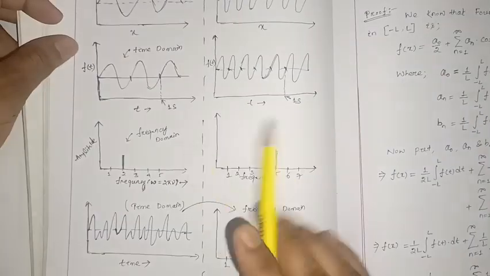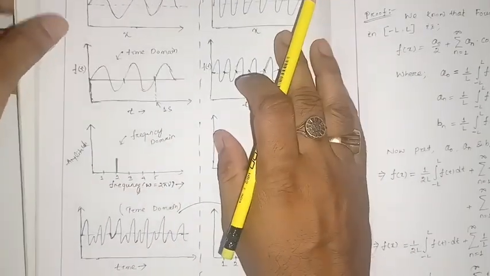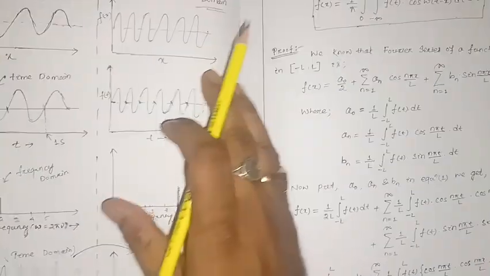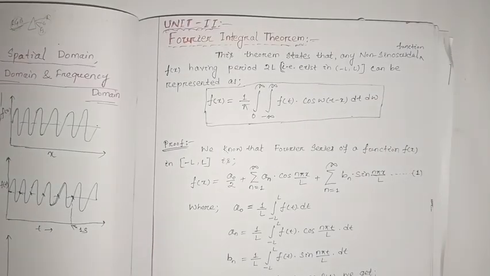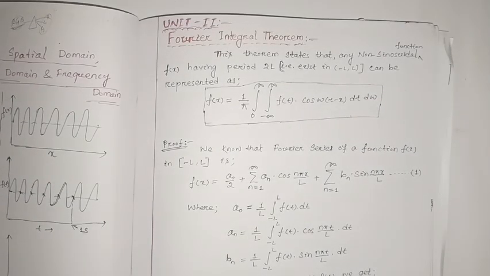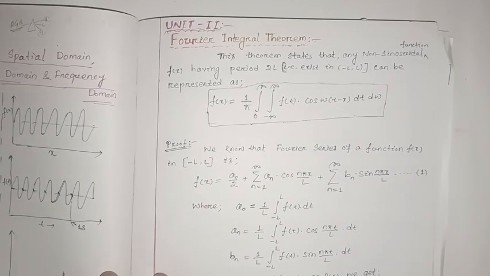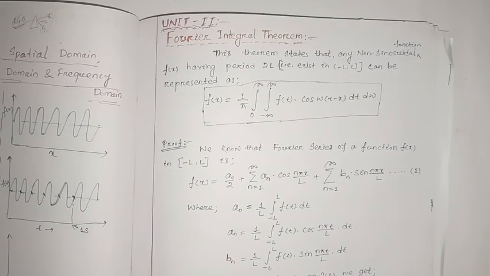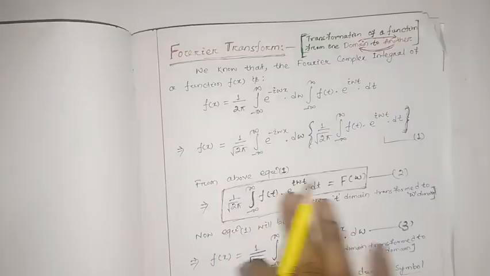So time and frequency domain are coupled with each other, and we can transform from one form to another by using different transformations: the Fourier transform, Laplace transform, and other transformations. But in our syllabus you have Laplace and Fourier transformation. Laplace transformation we discussed separately, and here we are going to discuss the Fourier transform.